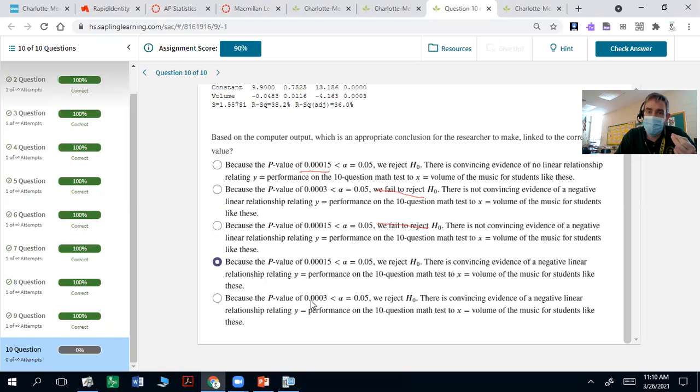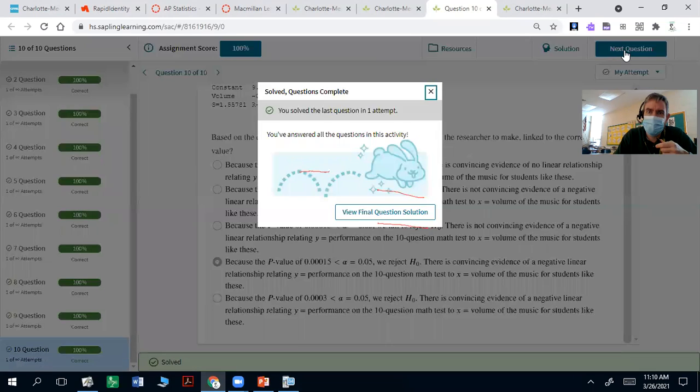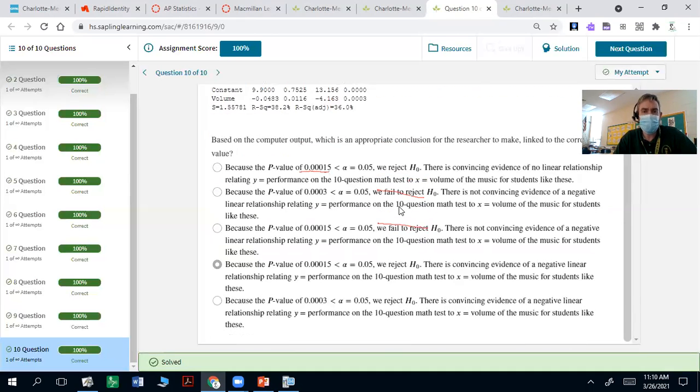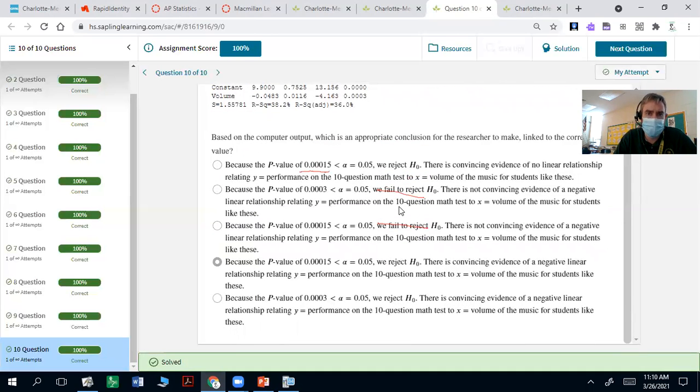Whereas here, if it's 0.0003, that would be convincing evidence of just no linear relationship. So I'm going to click the second to last one here. And it said I'm right. Because in the way it's worded, it's a one-sided test, so you'd have to cut that p-value in half. That's confusing on that one, but that is the way it gets worked out here.